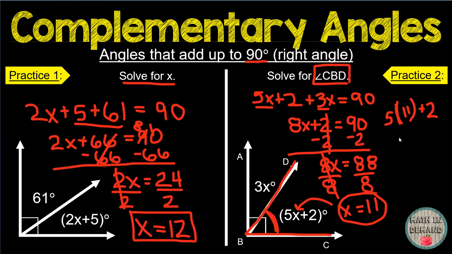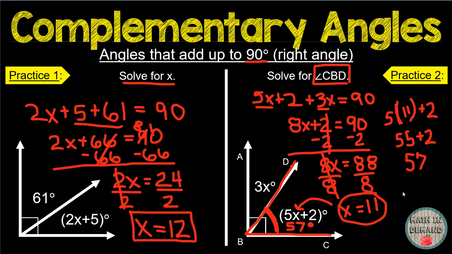Well, 5 times 11 I know is 55, plus 2. 55 plus 2 will give me 57. So that tells me that this angle is equal to 57 degrees, and that would be my answer.